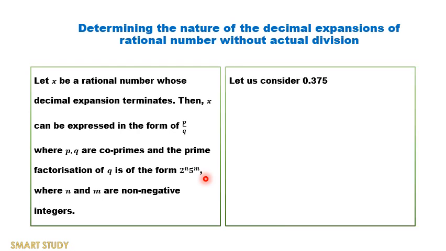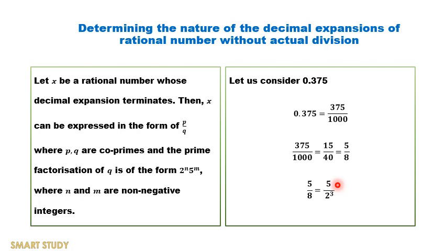See the example. Let us consider 0.375. Here we have only 3 places in the decimal, so it is a terminating decimal expansion. 0.375 you can write as 375 by 1000. After simplification we get 5 by 8.